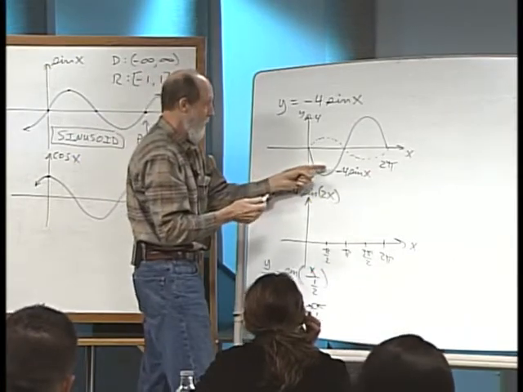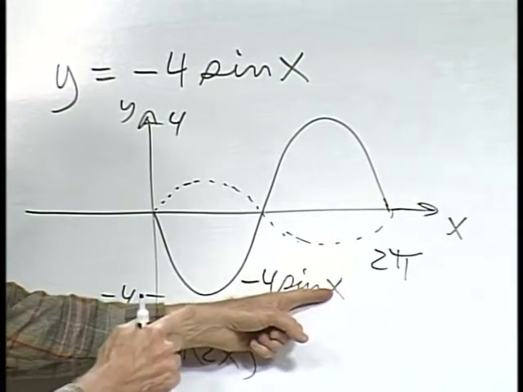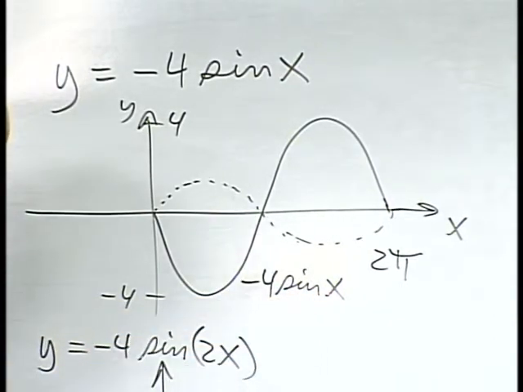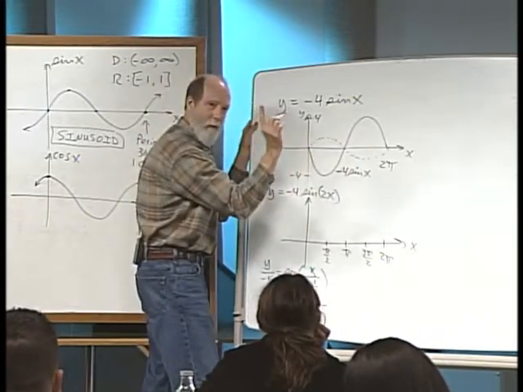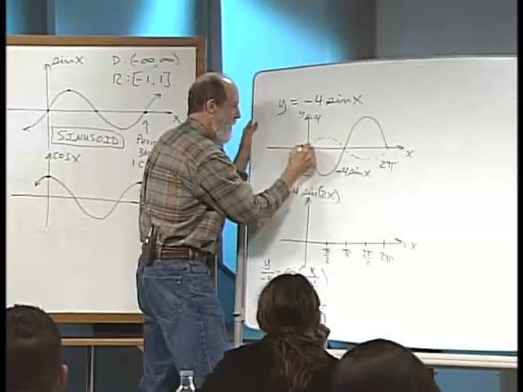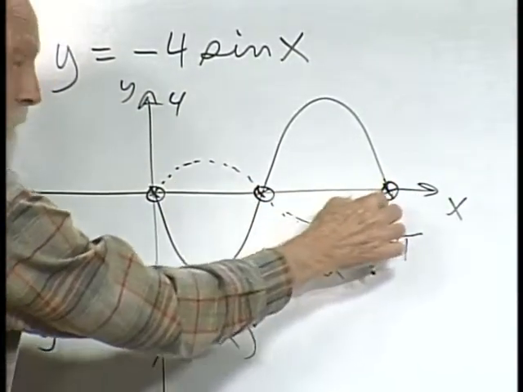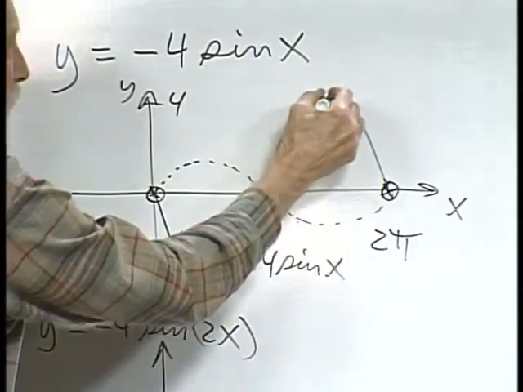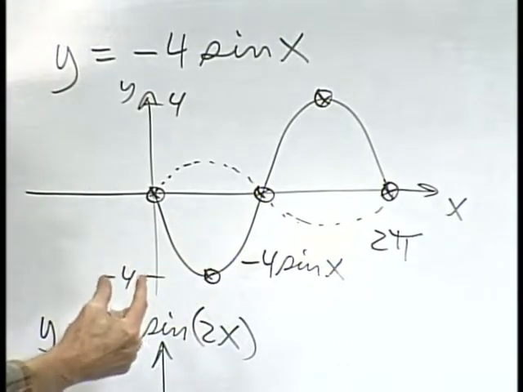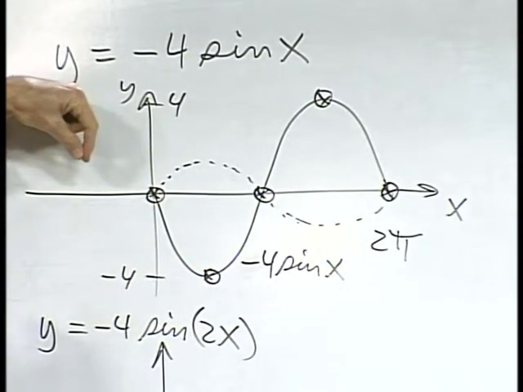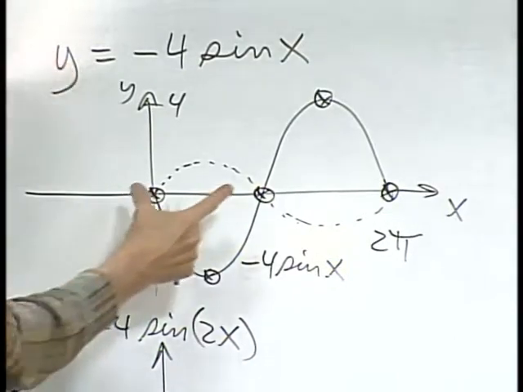If we then take that thing and change this input right here to be 2x, then what we're going to do is take all of the x readings you see, and normally you're going to grab these zeros, and you're going to grab the maximum spots and the minimum spots, and you're going to make them 1/2 as much. This is actually kind of fun once you get used to it. Makes them 1/2 as much.